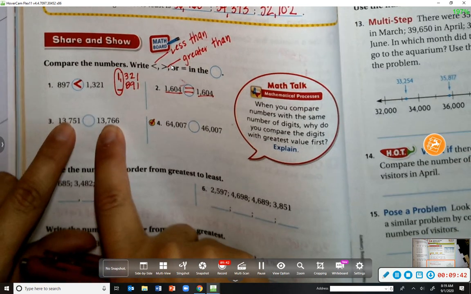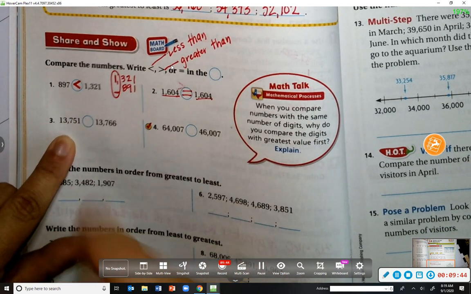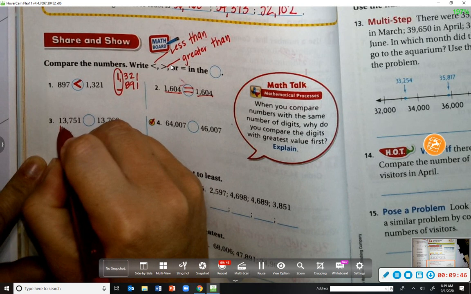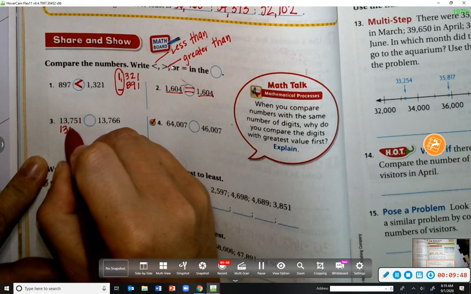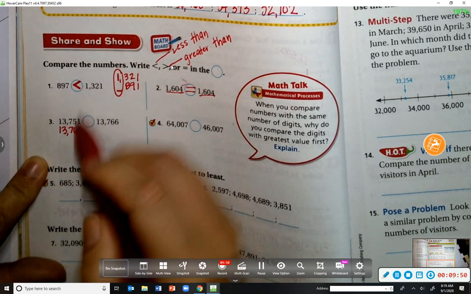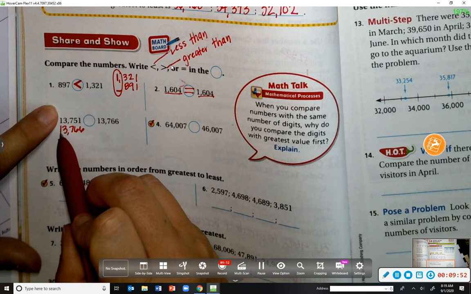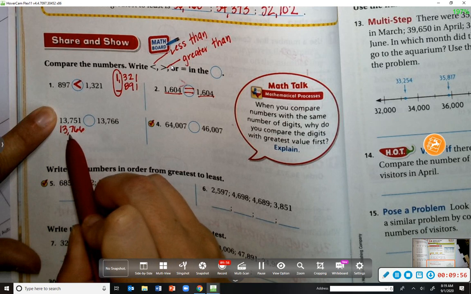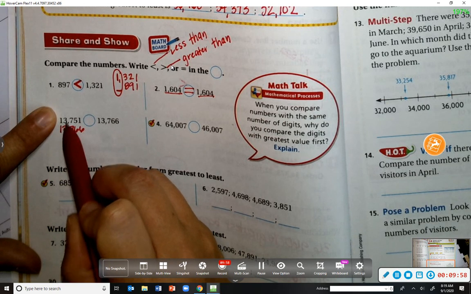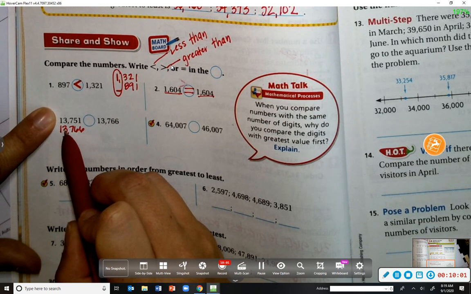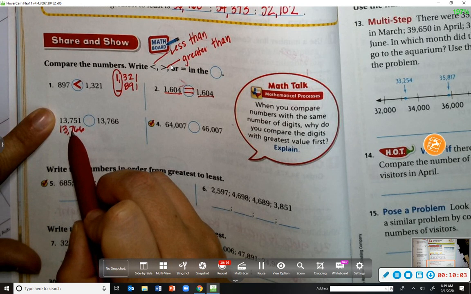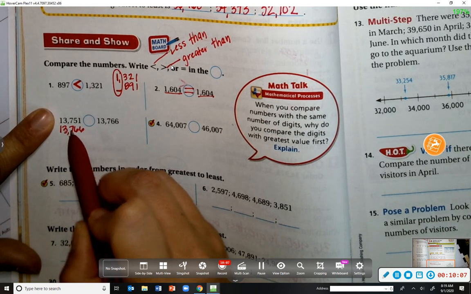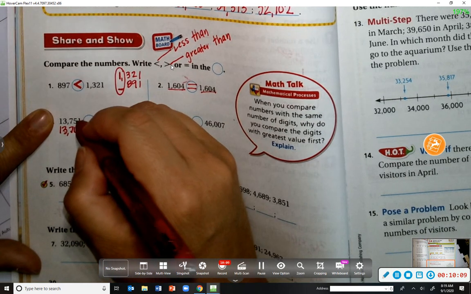Okay, on this one, we can line them up again to help us see and make sure we don't make any mistakes. And we start on the left. I see that they're both a 1, so I need to keep going. I go to the 3. They're both 3s. Now I go to the hundreds place. Can I tell which one's greater? No, because they're both the same. So now we go to the tens place.